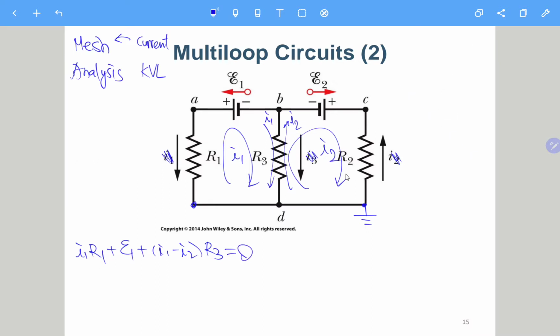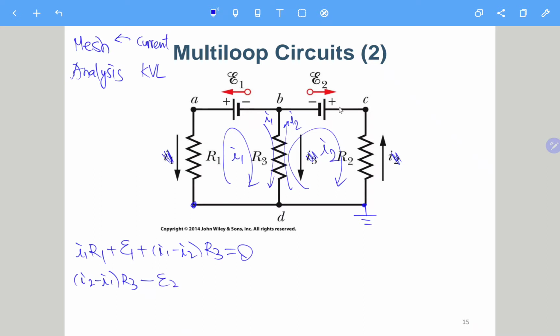For the second mesh equation, we're still going from here and then clockwise. So this current, I2 minus I1, times R3. Then from here to here, it is a voltage rise, so we should subtract E2 rather than adding it.